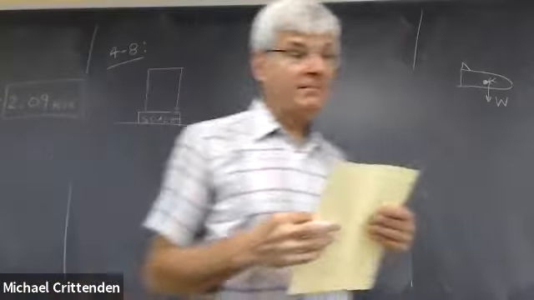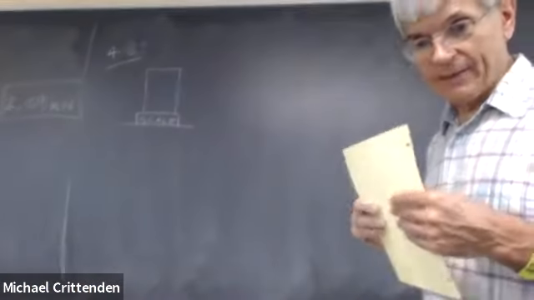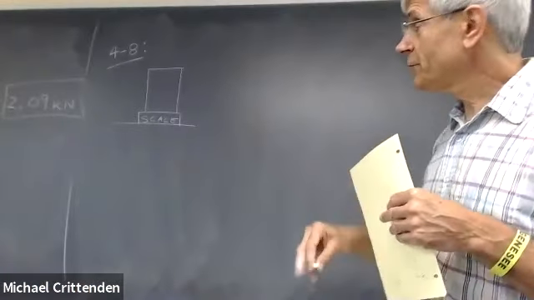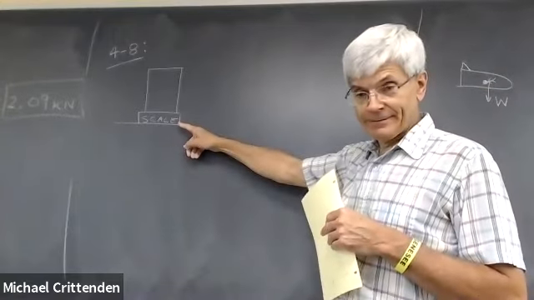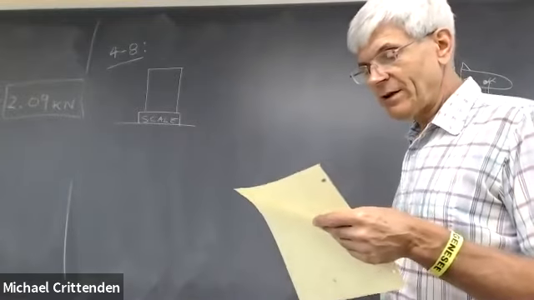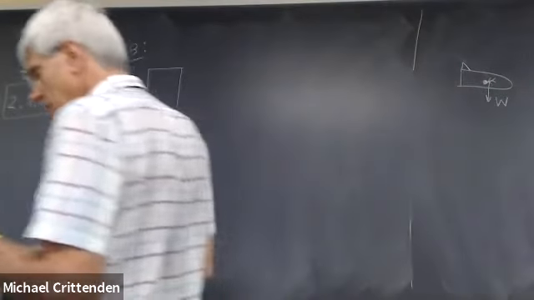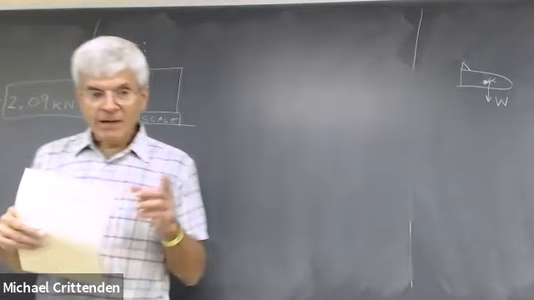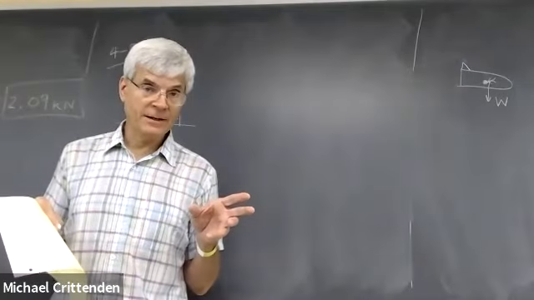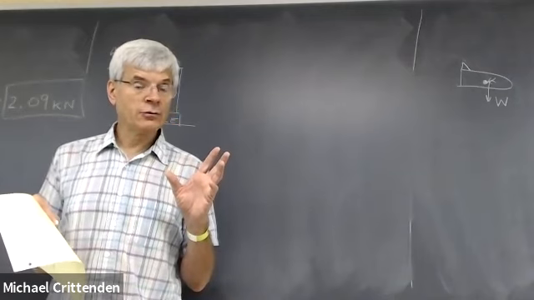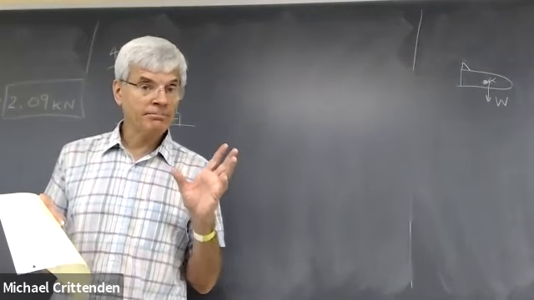so here we have the same person that was previously riding on the skateboard, the refrigerator guy, standing on a bathroom scale, weighing himself. A bathroom scale does not read the true pull of gravity. A bathroom scale reads how hard it's being pushed against.